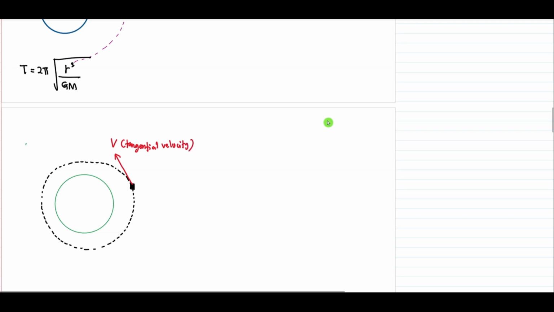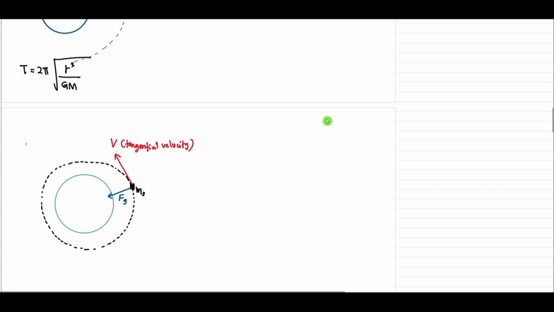So tangential velocity V, and as we know that the satellite is moving in a circular path, means that there is a force, and we have learned about gravitational force, and the direction of the gravitational force is always towards the center.